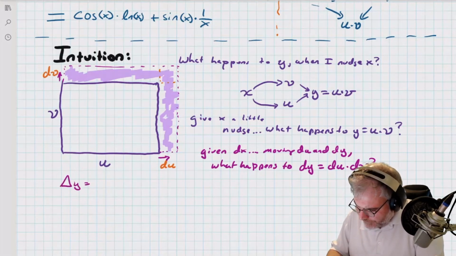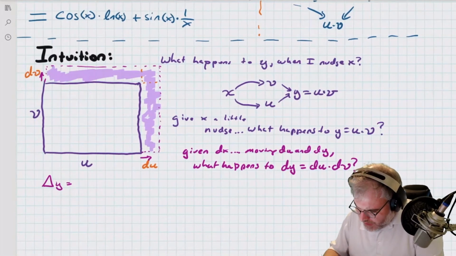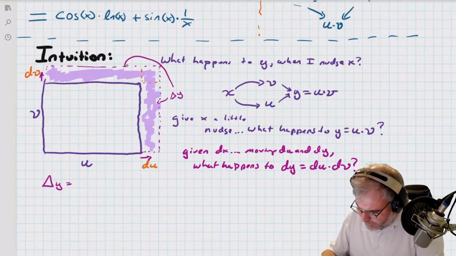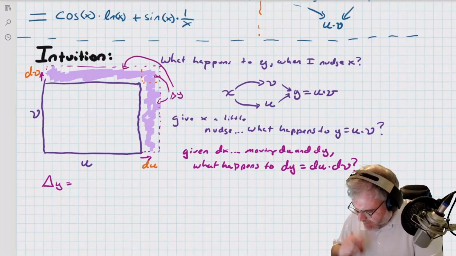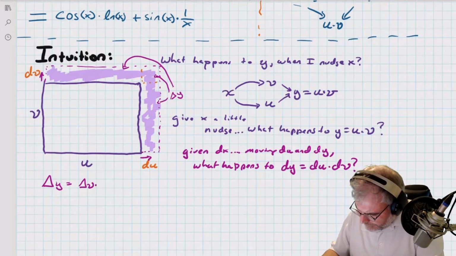should equal, well, let's see. I want this rectangle here, that rectangle there, and this rectangle here. So this change in y is that total, right? It's the change in v times u, right? That's this rectangle.